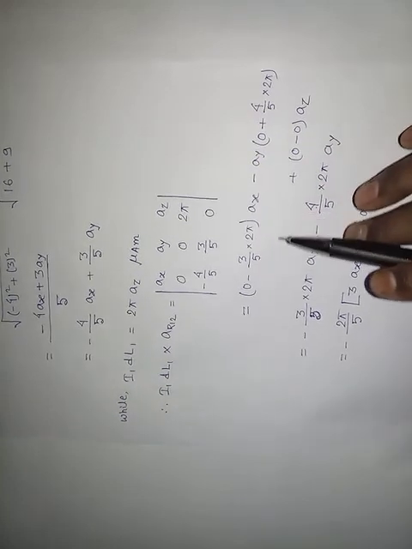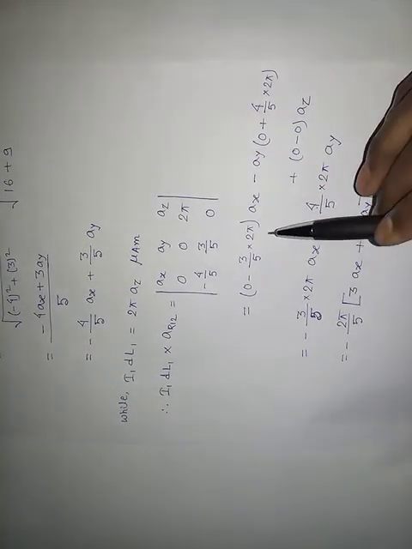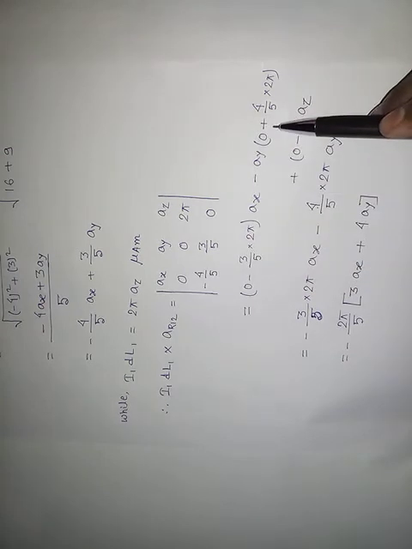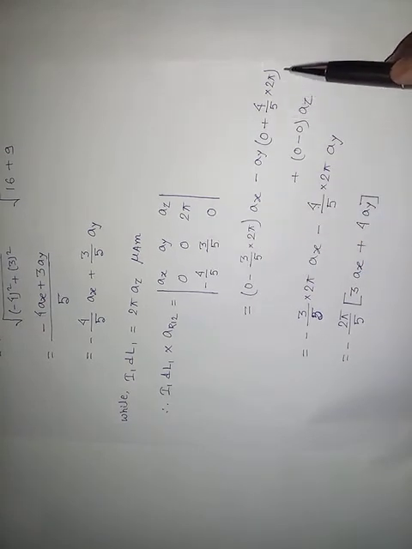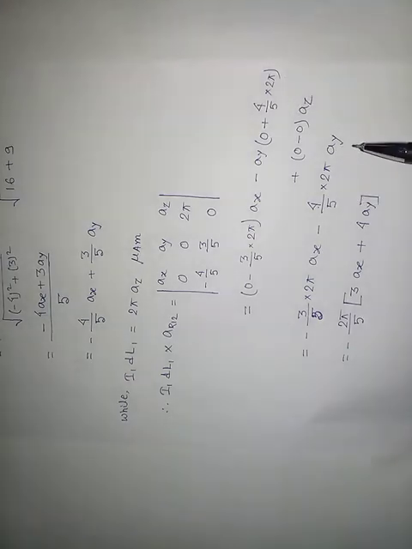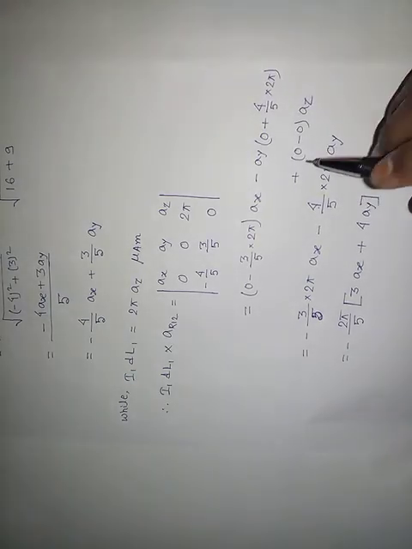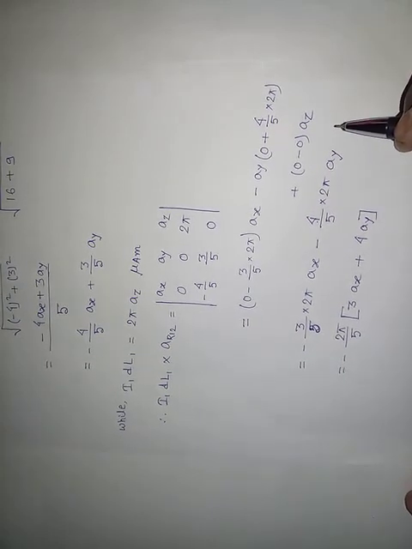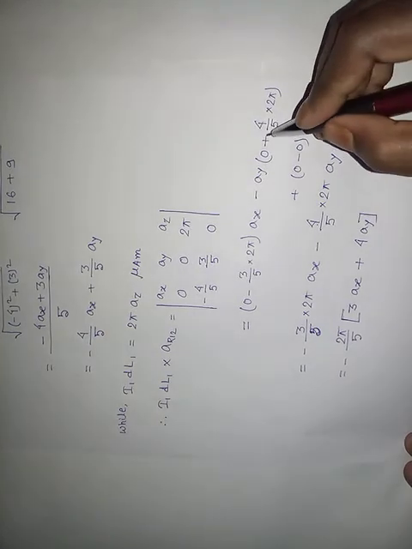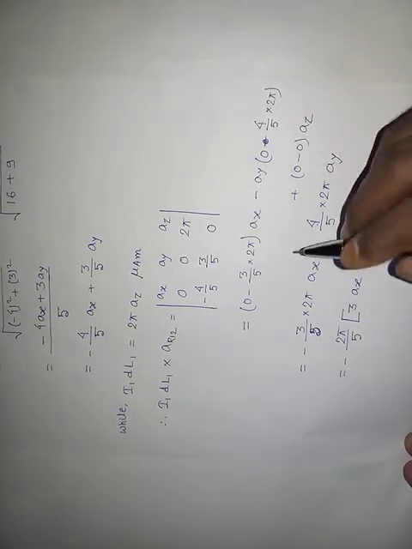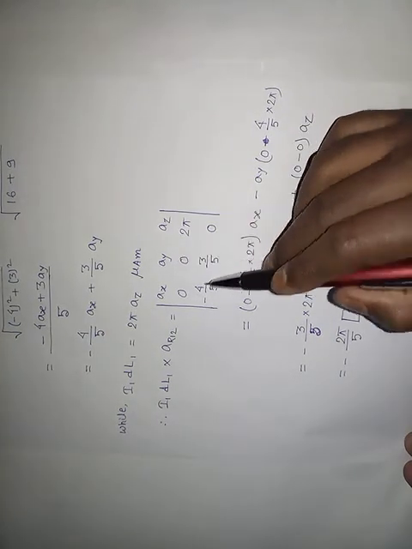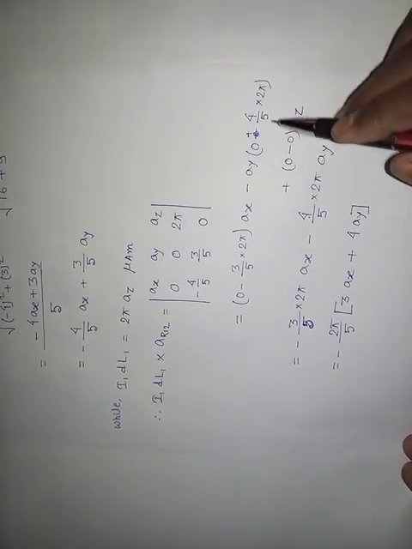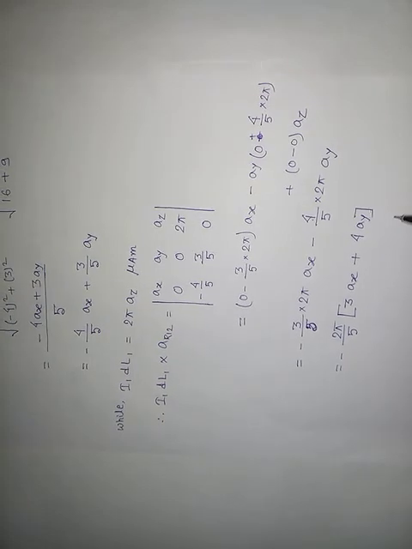Now we solve the determinant: ax times 0 minus 3 by 5, ay times 0 minus 0, and plus 4 by 5 times 2 pi. One term is missing here, ax. Oh okay, it is a plus, sorry. Plus minus minus, and this is how the answer will come.